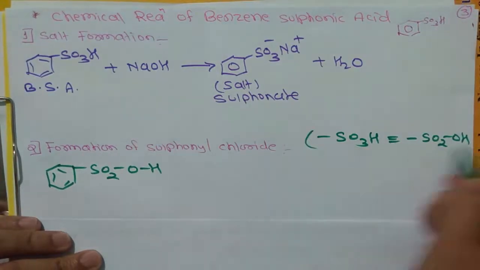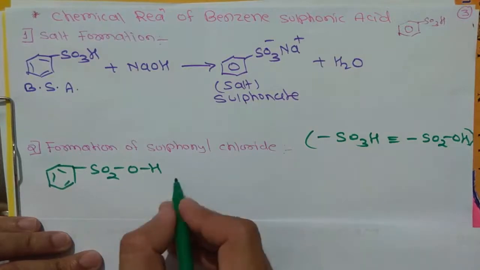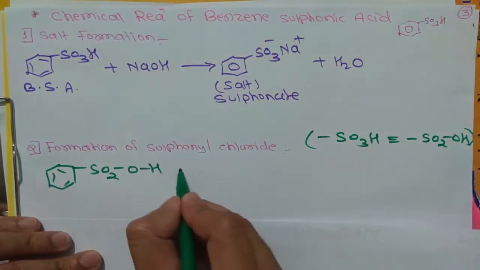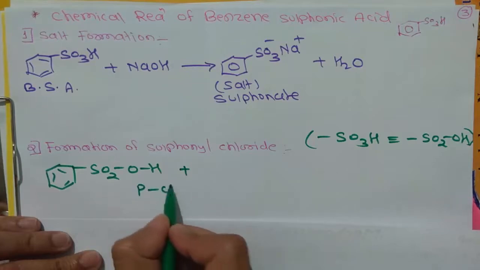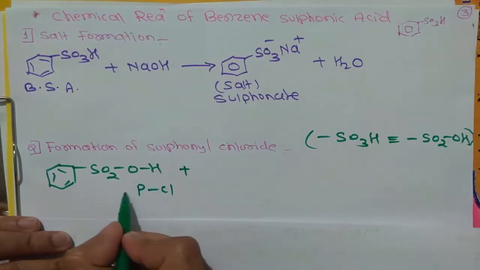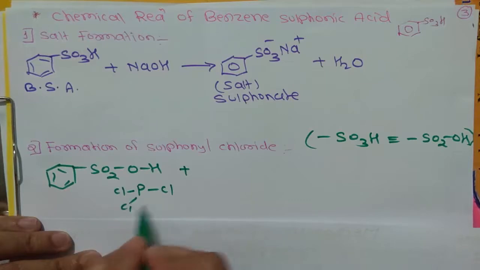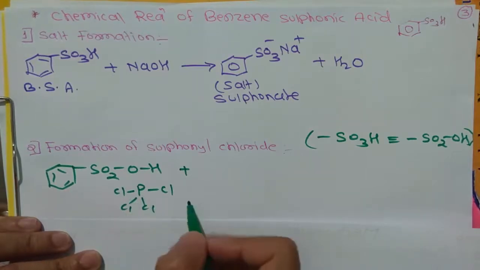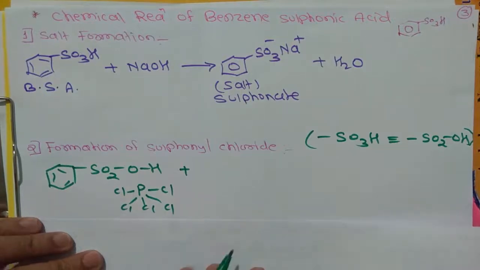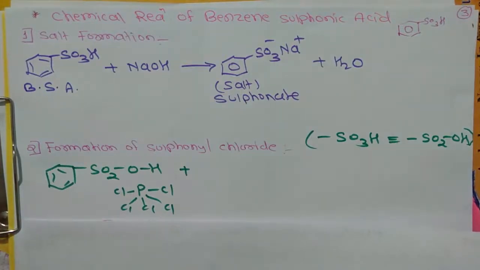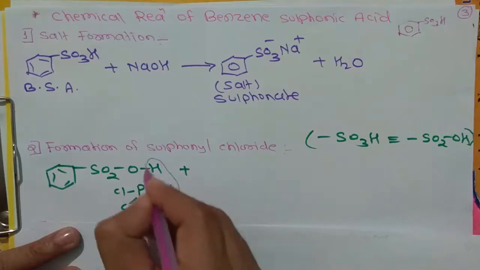We can write it either way. Plus phosphorus pentachloride, and here there are many chlorine atoms, Cl, Cl, Cl, and Cl. What happens here? See, here the HCl is removed.